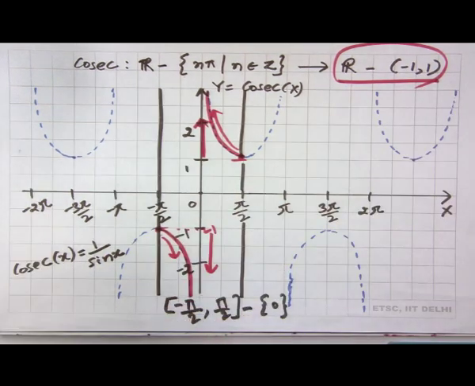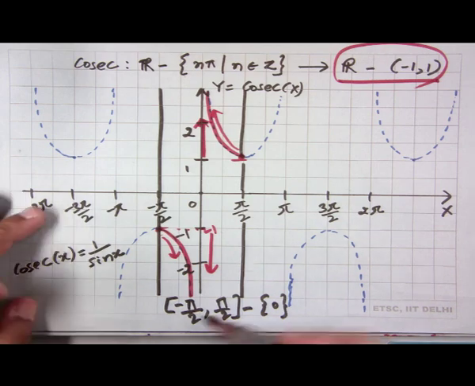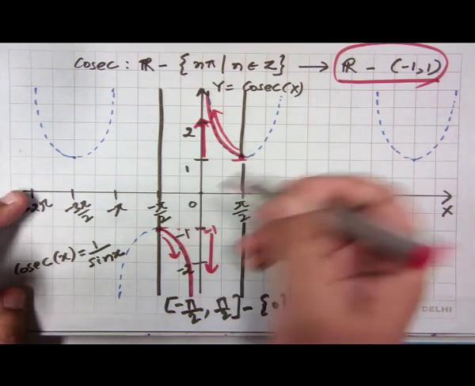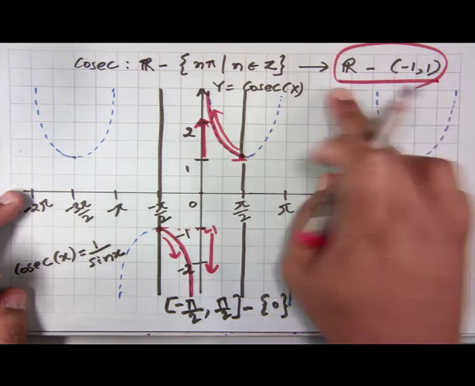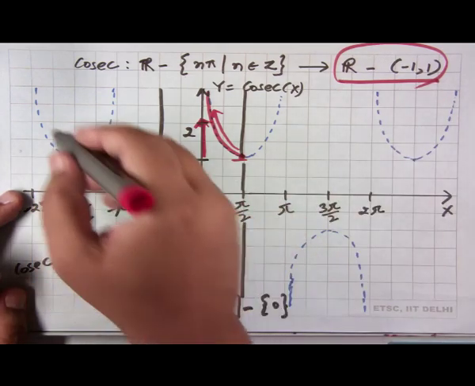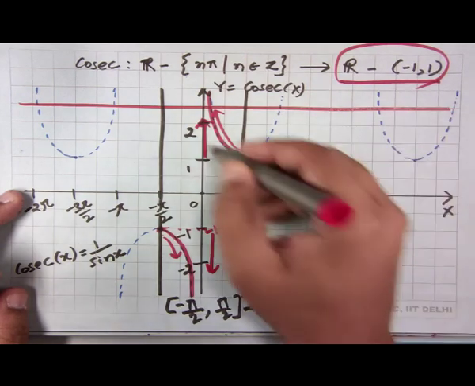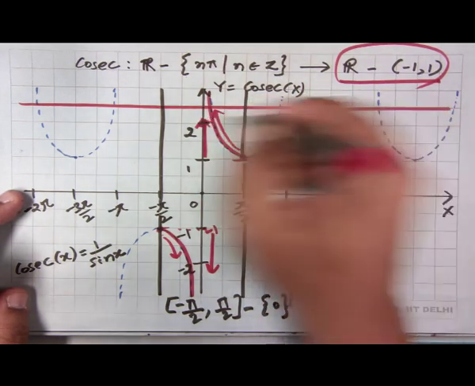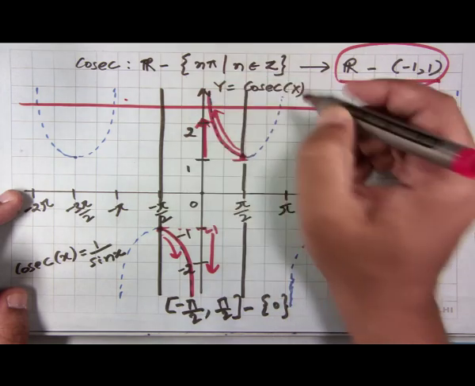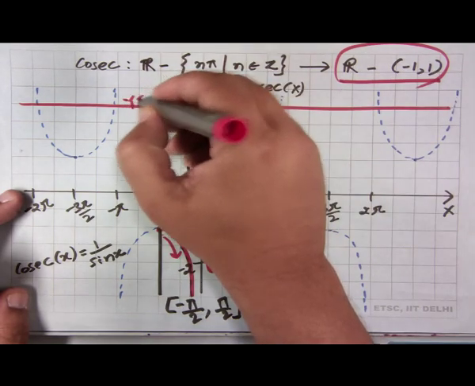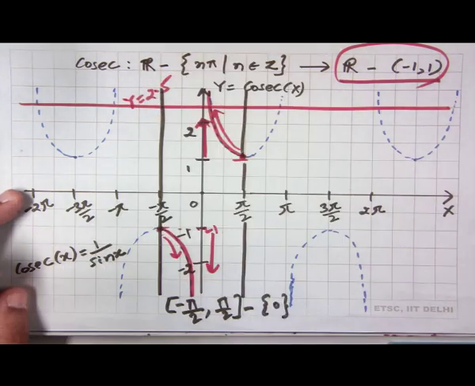And additionally, what we also see is that if we take any y in this range set, so let us say that we take this particular value of y here, which corresponds to 2.5. So, this is y equal to 2.5.